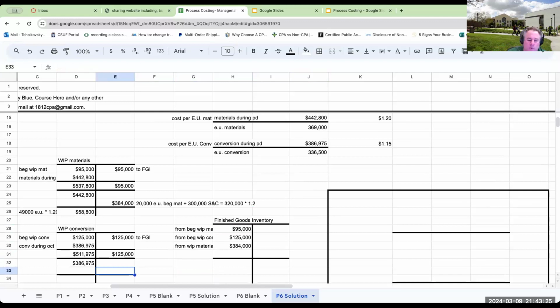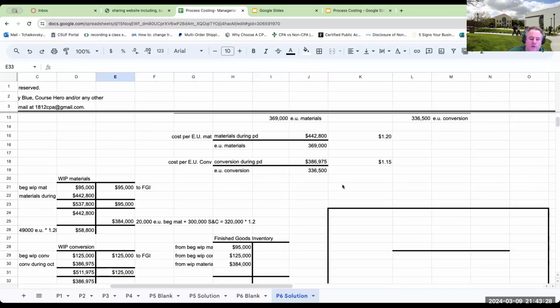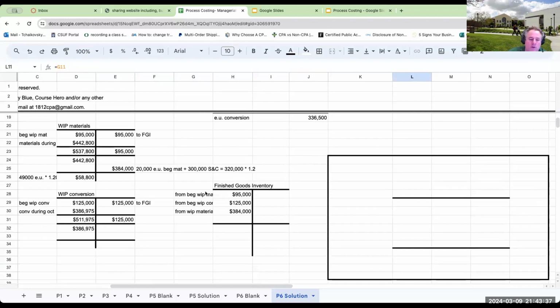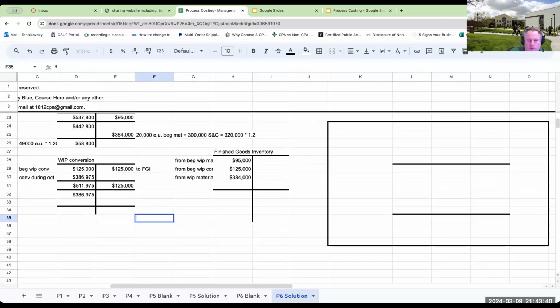So let's go to our work in process conversion. The amount that I sent out to finished goods was my beginning plus my started and completed. So we're going to have 22,500 beginning equivalent units for conversion plus 300,000 equivalent units started and completed, or 322,500 equivalent units that were sent to finished goods inventory at $1.15 per equivalent unit for conversion.